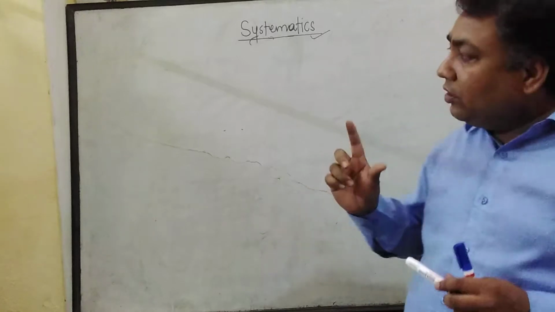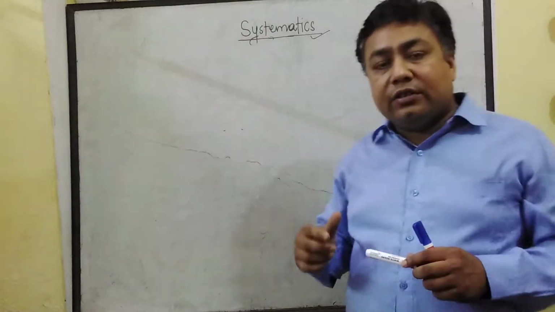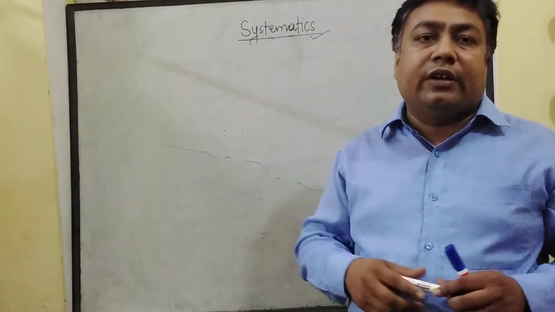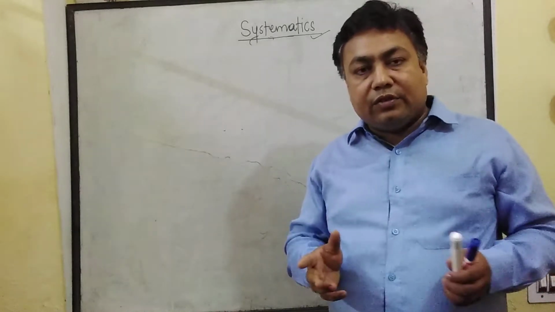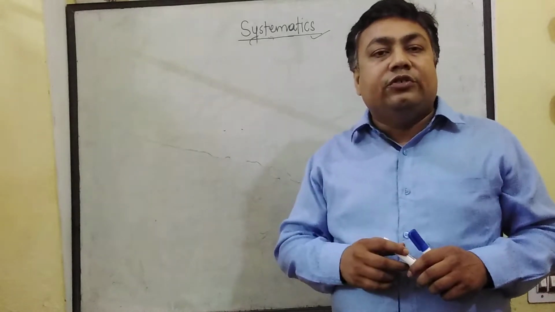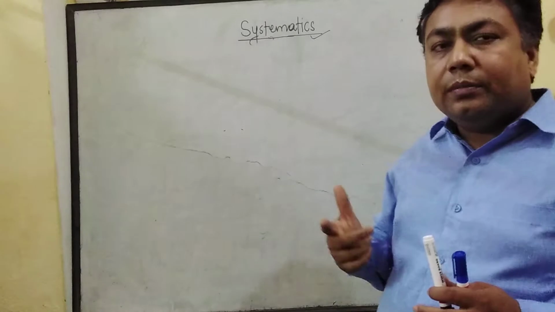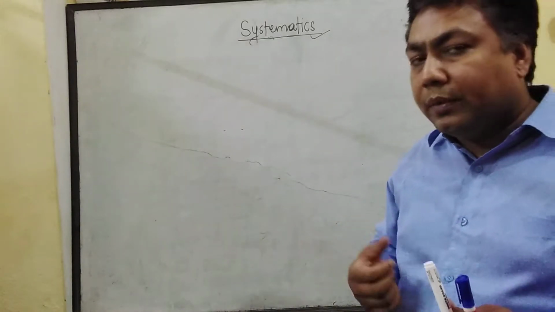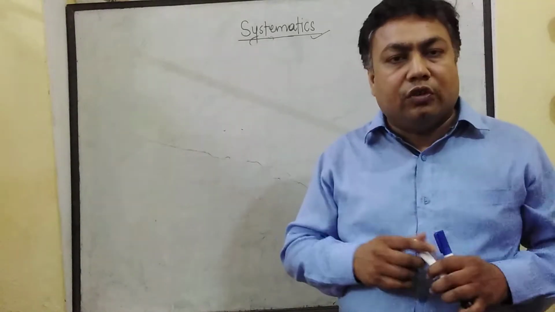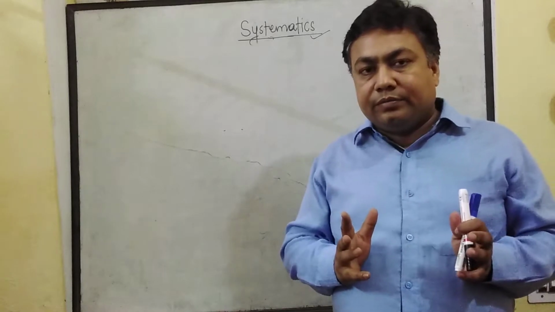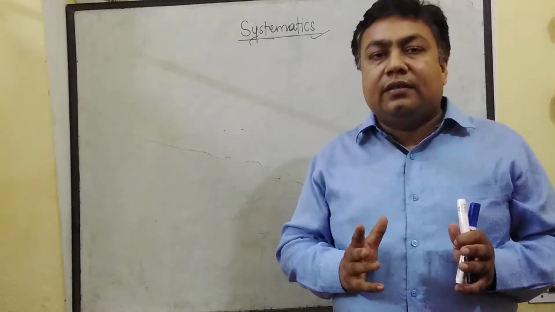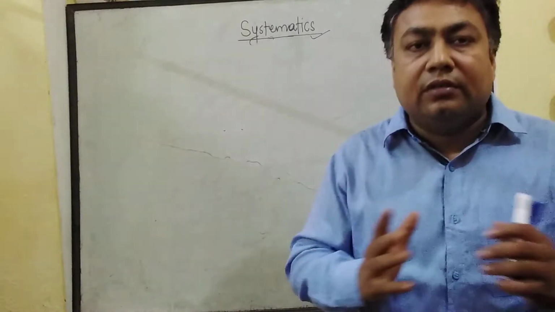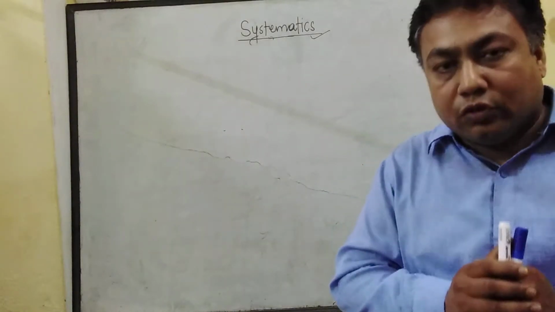Now, this term existed even before taxonomy, and in the present time it is generally termed as a synonym of taxonomical classification or taxonomy, but in reality it is a larger dimension than taxonomy.